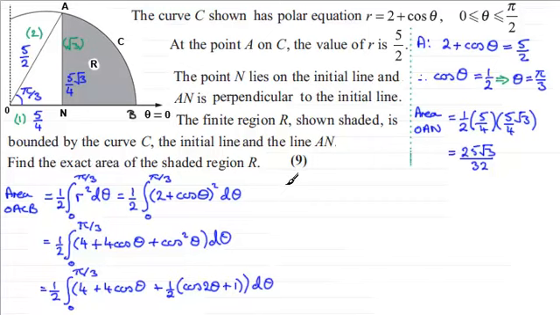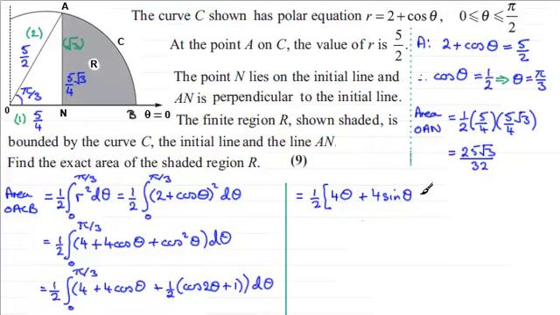So if we just section this part off, what this equals now is the half. And if we integrate 4 with respect to theta, we're going to get 4 theta. Integrating 4 cos theta is going to give me plus 4 sine theta. And expanding the bracket here, we've got plus a half cos 2 theta.